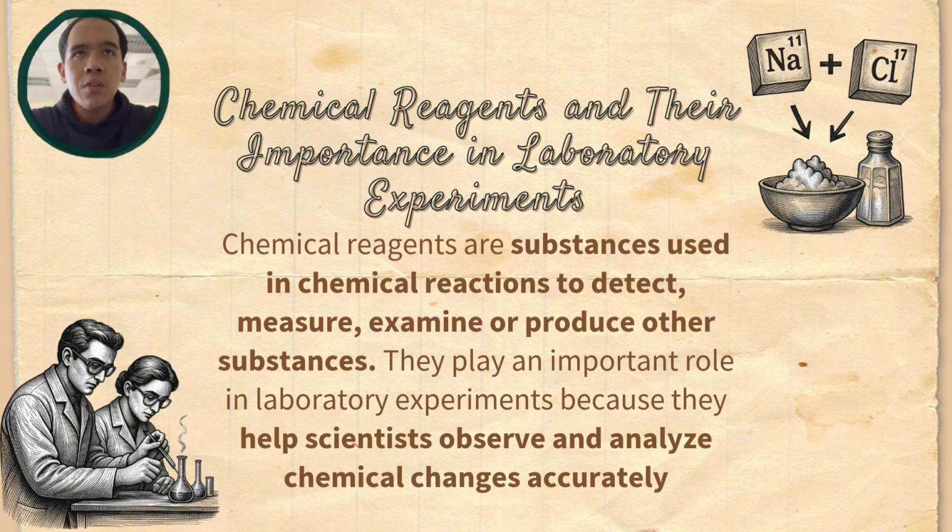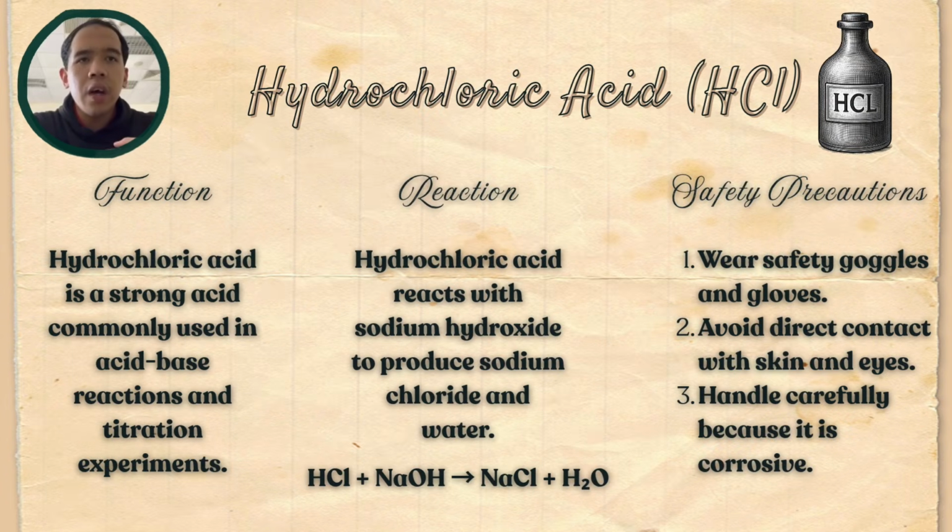I will also discuss their functions, reactions, safety precautions, and conclude by explaining the importance of apparatus, techniques, reagents, and proper laboratory procedures. The first reagent is hydrochloric acid or HCl.